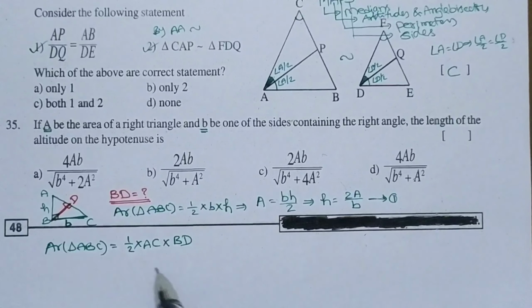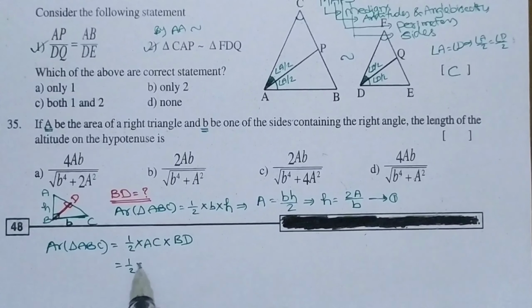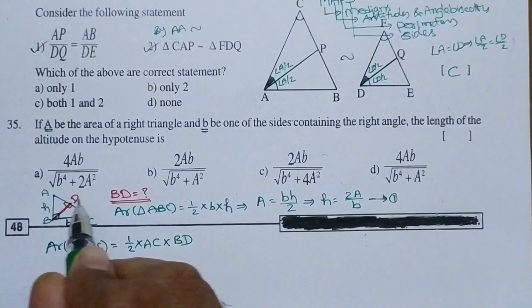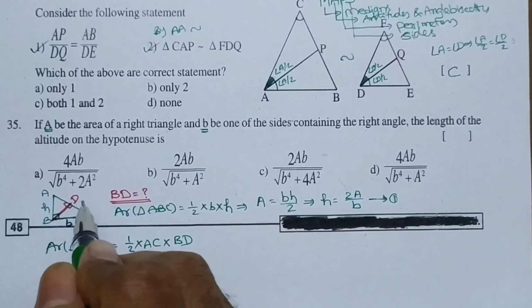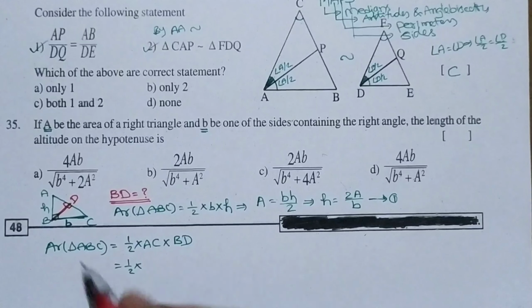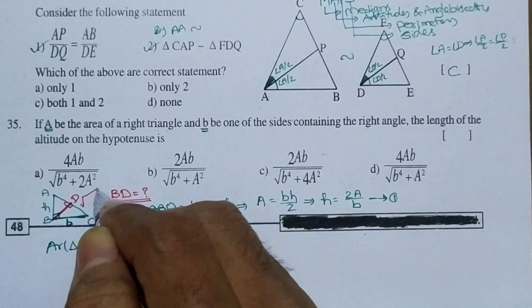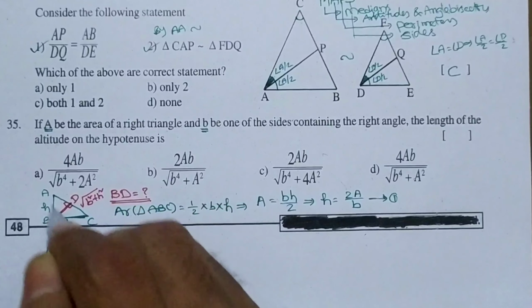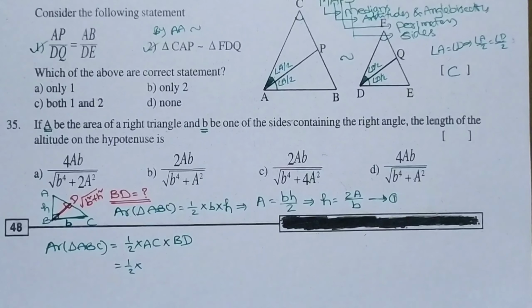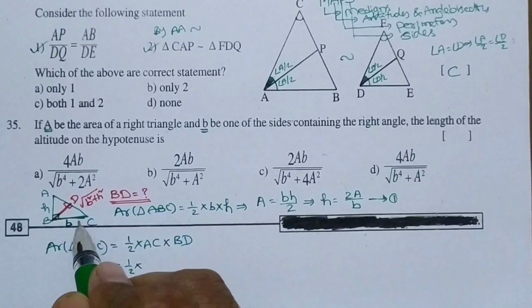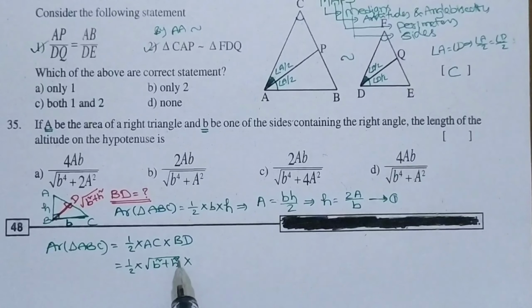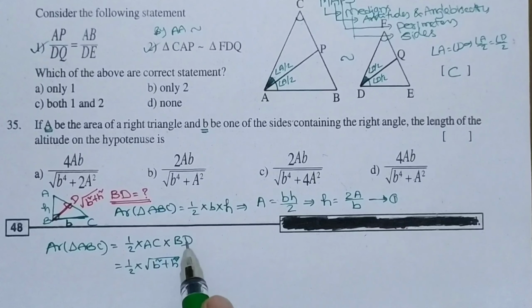Now in this right angle triangle, using Pythagoras theorem, AC can be written as under root b square plus H square, because the other sides are b and H. So in place of AC I am writing under root b square plus H square into BD.